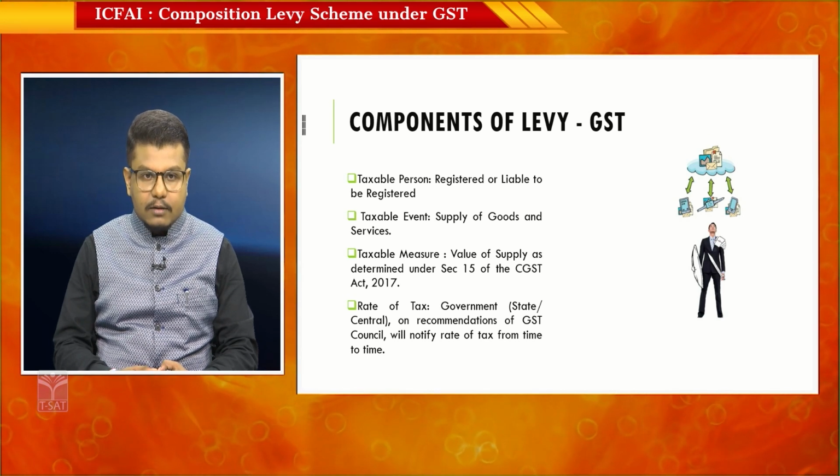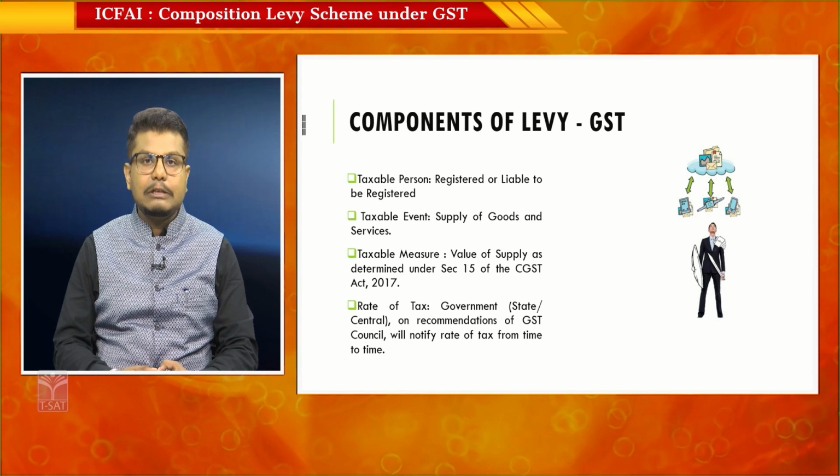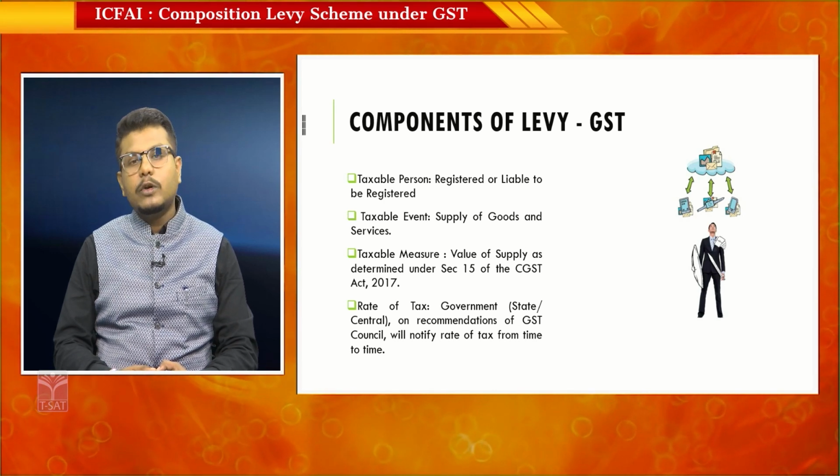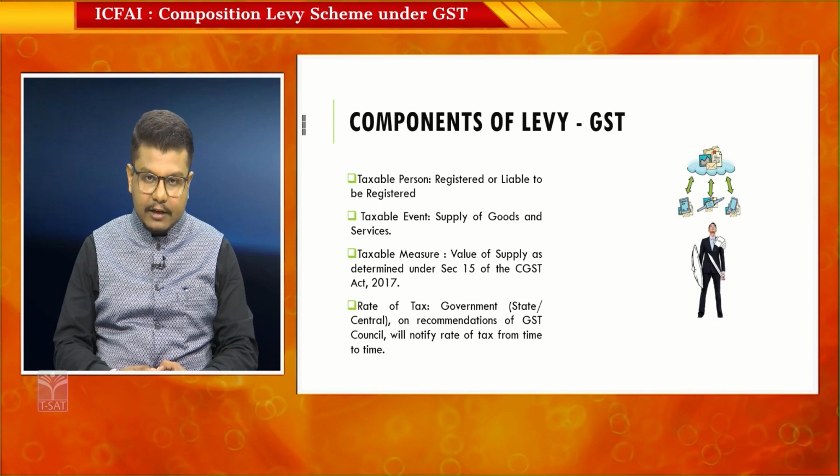Number one, the tax is to be imposed on a taxable person. Who is going to be considered as a taxable person? The person who, as per the CGST Act 2017, is liable to get registered or is already a registered person. That person is considered a taxable person, and on the taxable person itself, the GST as per the composition levy scheme will be imposed.